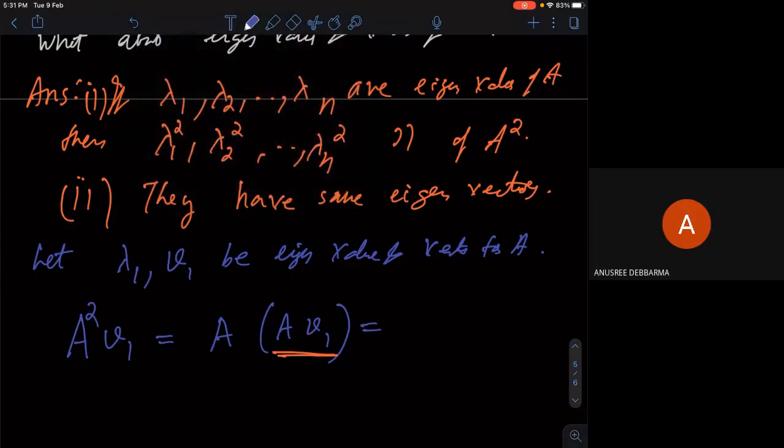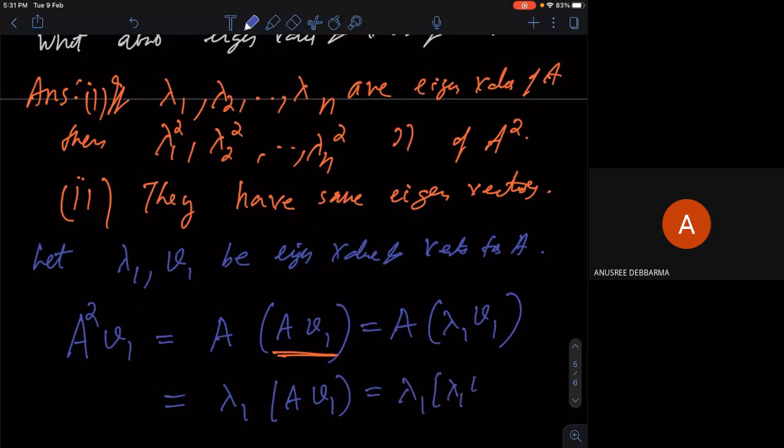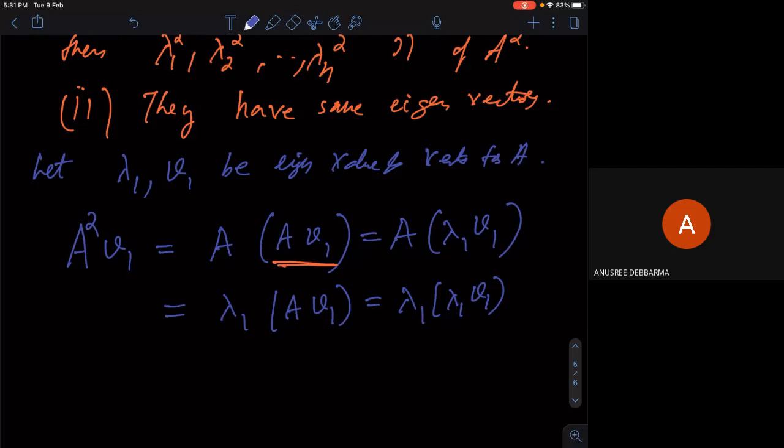So we can rewrite this as A times lambda 1 v1. Since lambda 1 is a scalar, you can take it out. This becomes lambda 1 times A v1. Again, we know what A v1 is, so this becomes lambda 1 times v1, which is lambda 1 square v1.